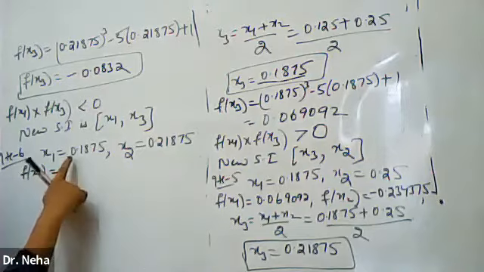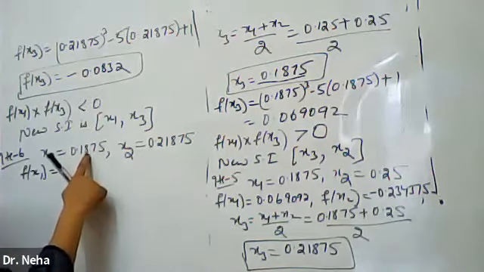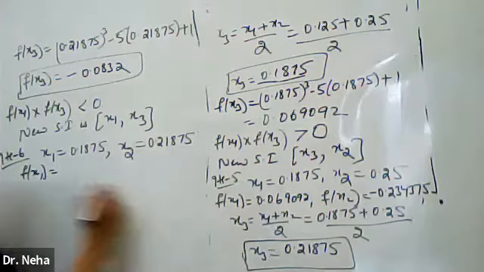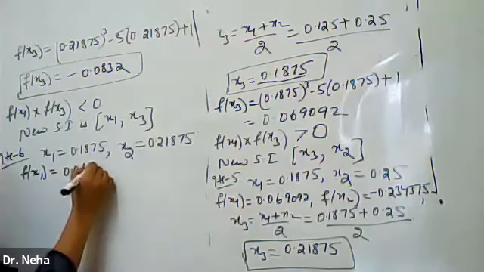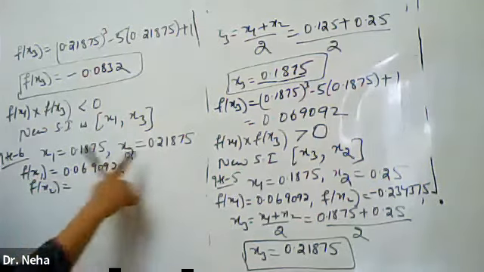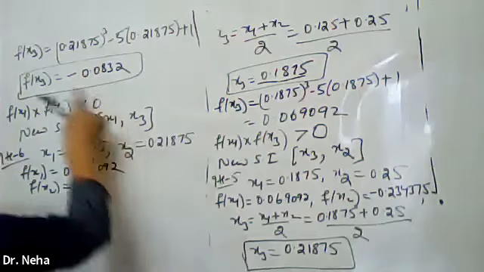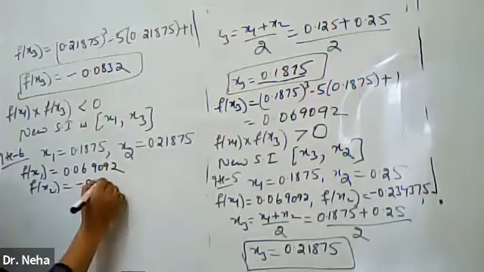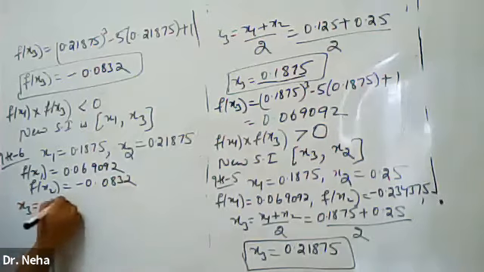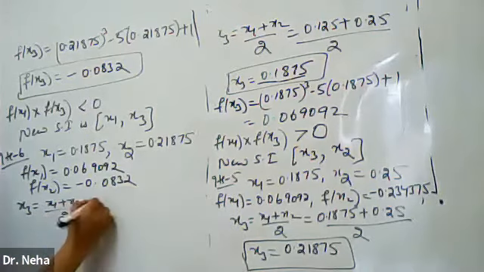Let's write fx1 at 0.1875. The value was 0.069092. And what about fx2 at 0.21875? This value minus 0.0832.